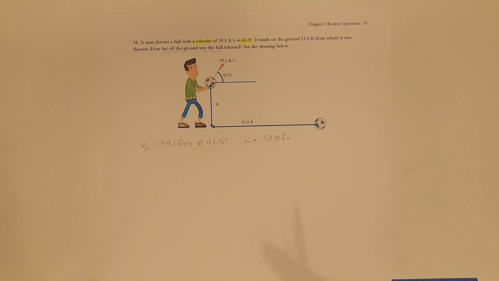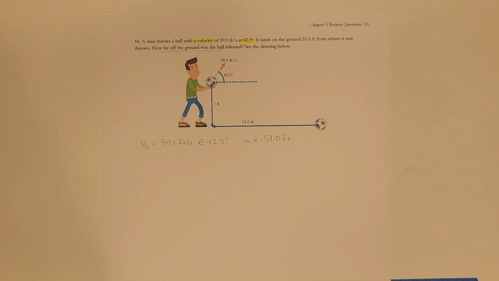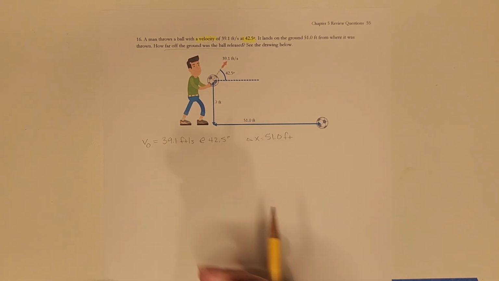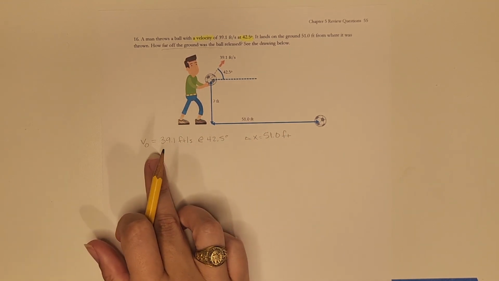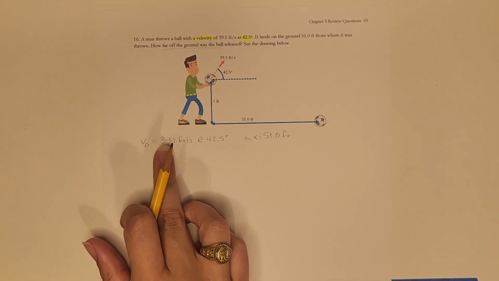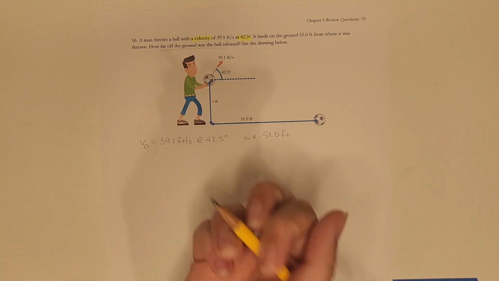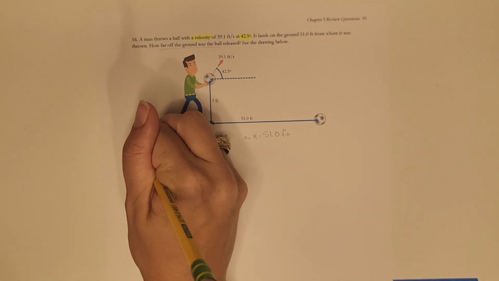So a good way to start is to think, I'm going to need to figure out my x components first. But let's figure out both together, the y and x components of this initial velocity.